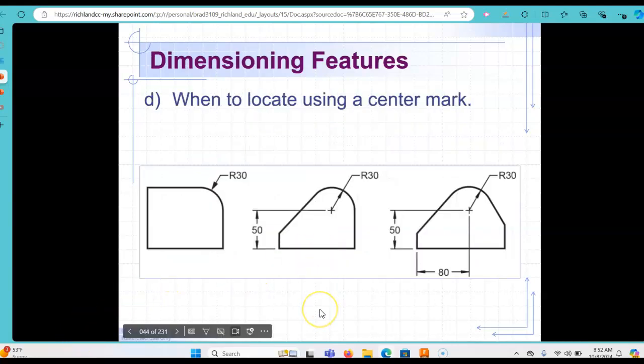All right. As we're talking about dimensioning the features, there are some times when we need to actually locate the center mark of the hole, or of the feature, in this case the radial feature. Notice if it's just a round over, then we don't need to dimension the center mark because it's implied.